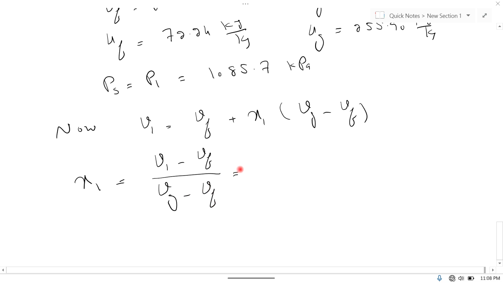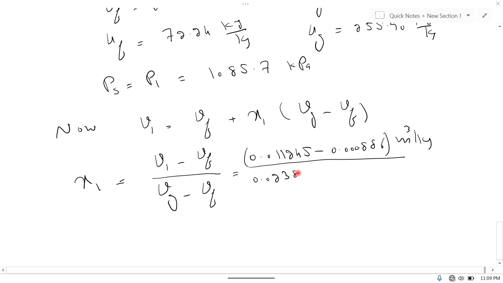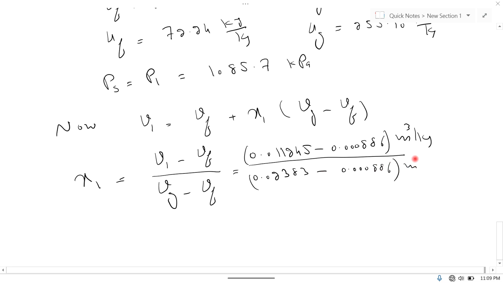So V1 is 0.011245 minus Vf, 0.000886 meter cube per kg, divided by Vg, 0.02383 minus Vf, 0.000886 meter cube per kg.